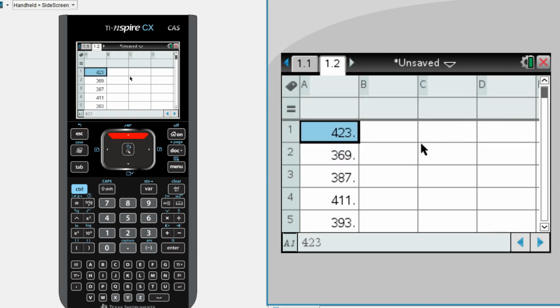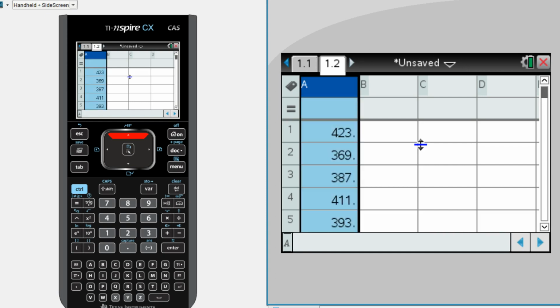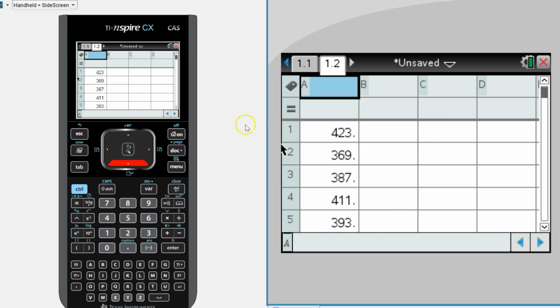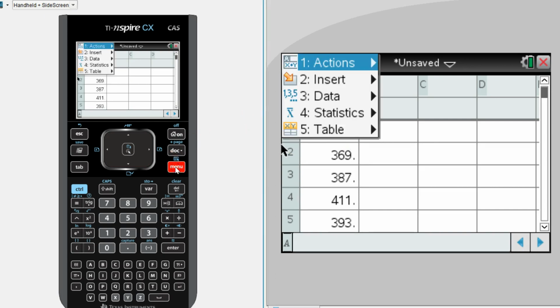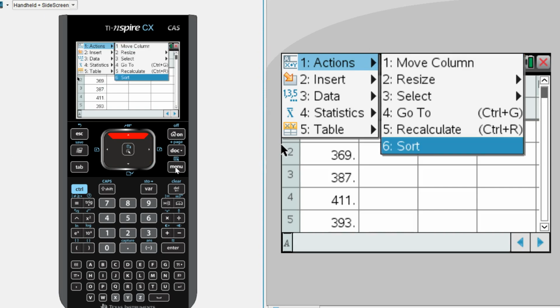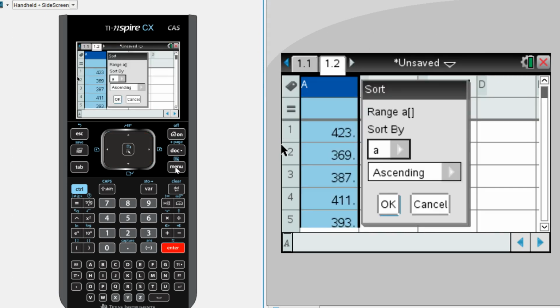It's like, how are you going to sort one number? You can either push up to highlight the entire column, or if you're just outside of the column, kind of above it, you can go Menu, Actions, Sort. It highlighted the column. Sort, I could choose a different column if I wanted B or C or whatever. But column A, in ascending order.